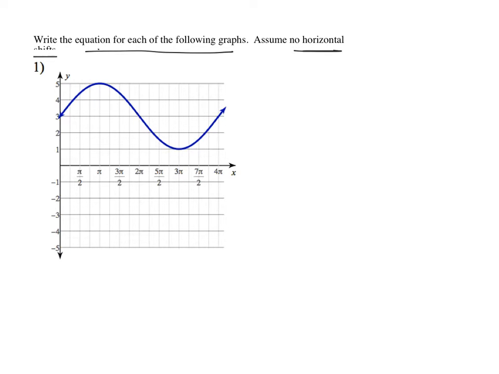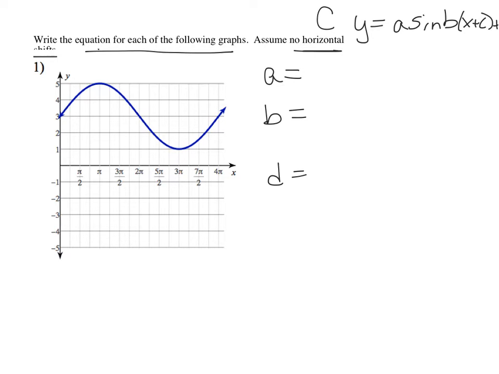Okay, so that just means that we're going to have an A, a B, and a D. Remember the horizontal shift is our C, not our cycles, but our C in the equation y equals A sine B(x plus C) plus D. Okay, that's blatantly obvious now, but here we go.